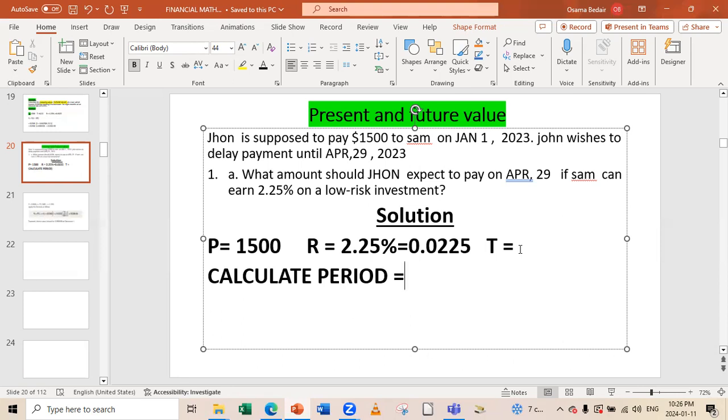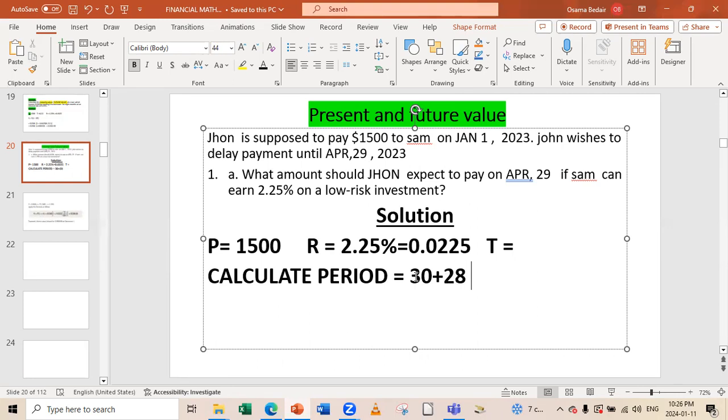It starts on Jan 1, and January usually has 31 days. One day is gone, so only 30 days are left in January. Plus, how many days in February? This year is 2023, so February is 28 days.